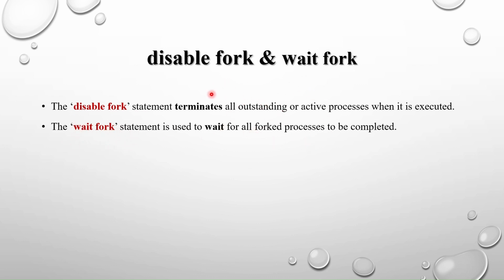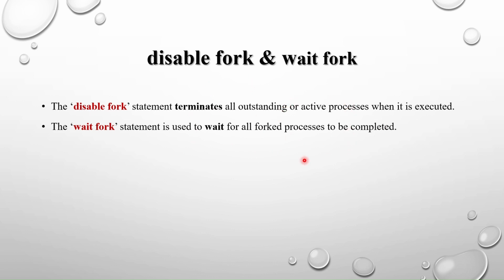When this wait fork statement is executed, it will again go back to the fork block and wait for all the processes to be executed. The two remaining processes will be executed. Until and unless the processes are completed, it will not unblock. This is the use of disable fork and wait fork.